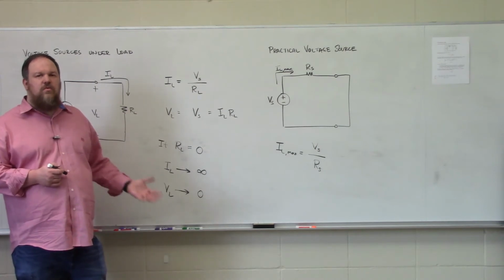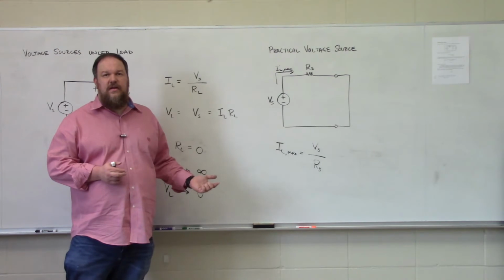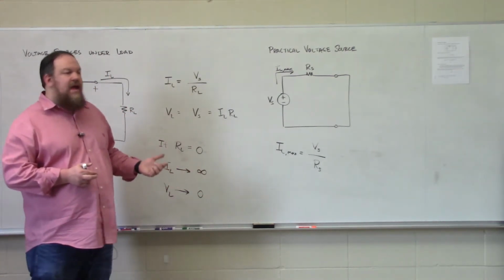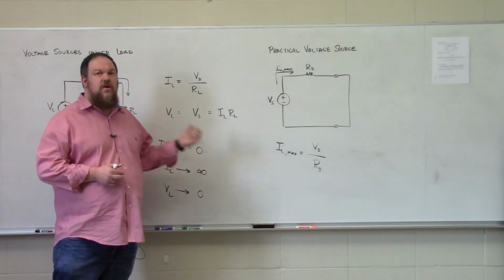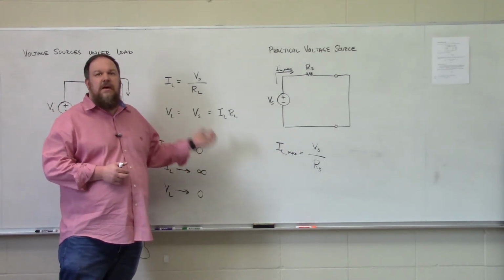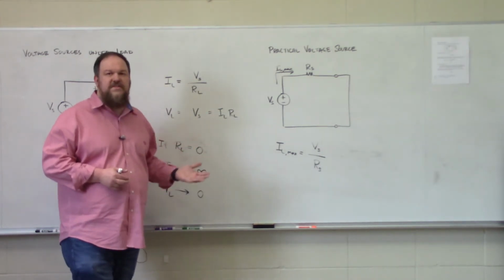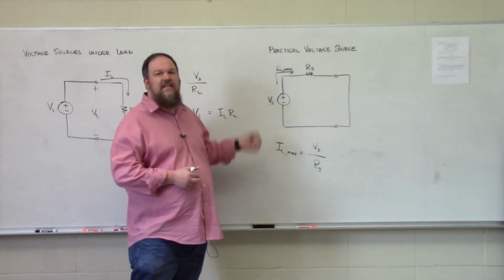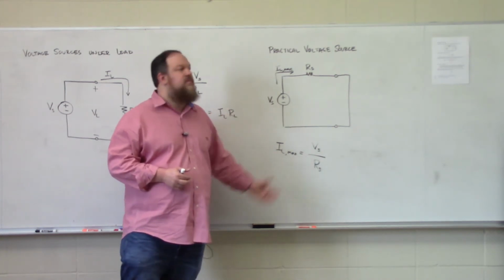The reason you were warned is because if you accidentally short-circuited the battery pack, it couldn't produce an infinite amount of current, but it could produce a large enough amount of current to actually melt your battery pack and things like that, because the internal resistance of the battery would be generating that large current and transforming it into heat.